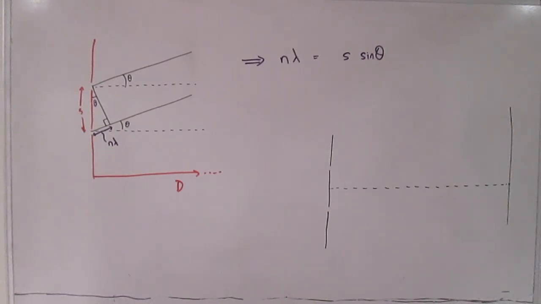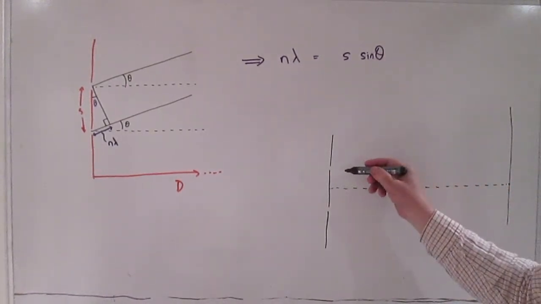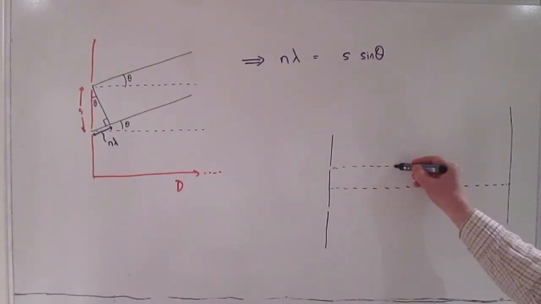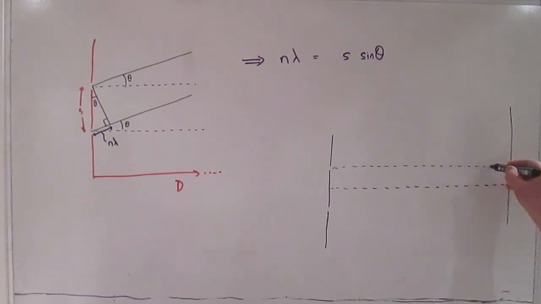So we could move the screen to and fro until we arrived at a situation where the next fringe was exactly here. Okay, so this is the central bright fringe, and this is the next one.